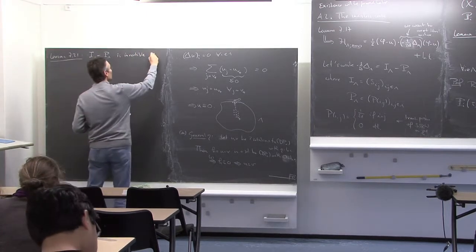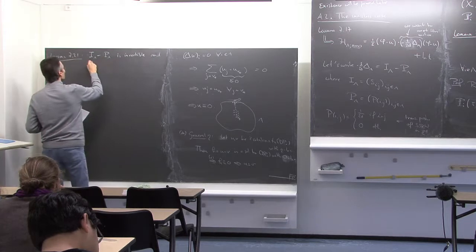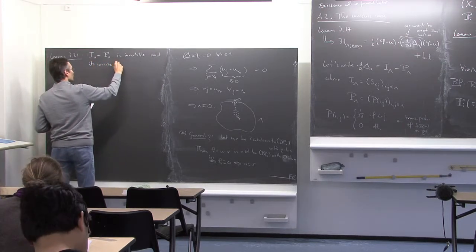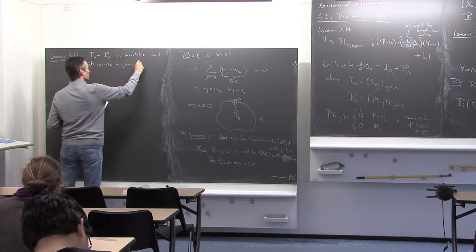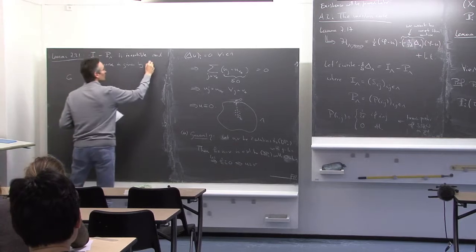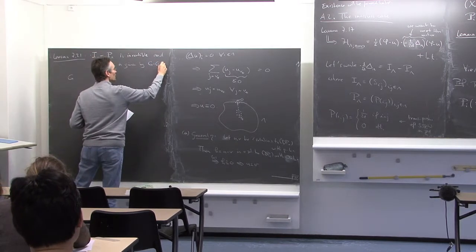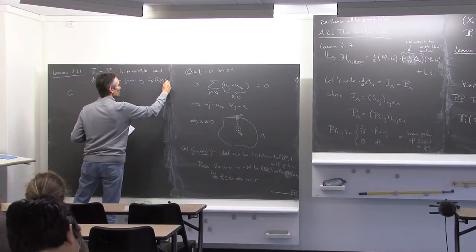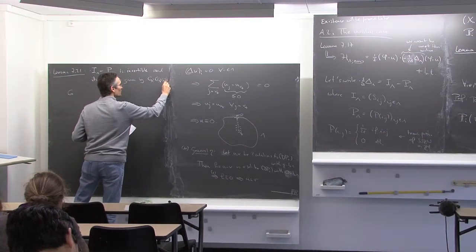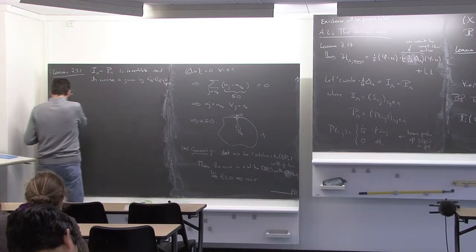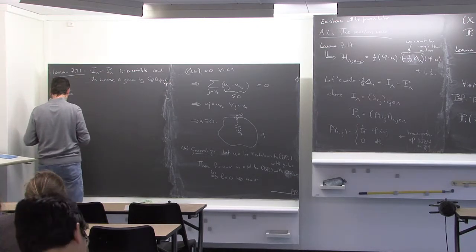Its inverse is given by G_Lambda(i,j), with i, j in Lambda. It's given by the following formula.